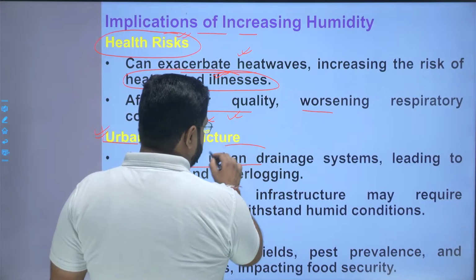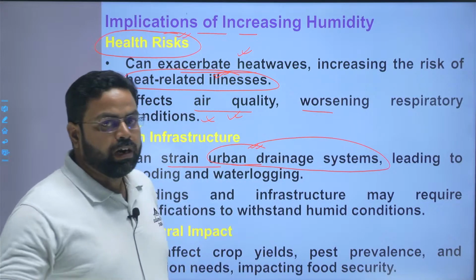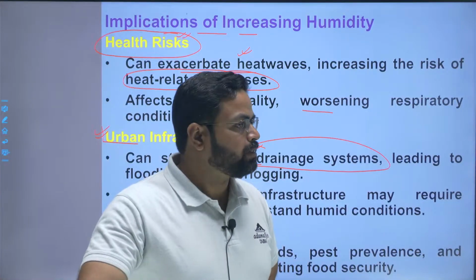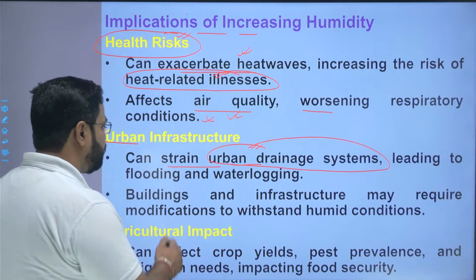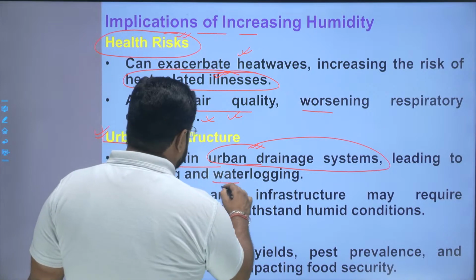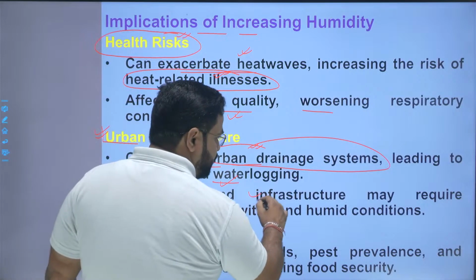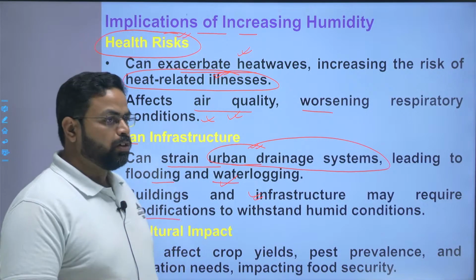So the urban drainage system will not be in a position to accommodate or handle the excess of water that will be received during the wet spells, and that will lead to flooding and waterlogging problems. Buildings and infrastructures may also require modification to withstand the humid conditions.